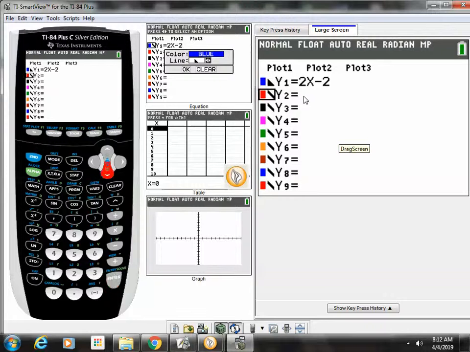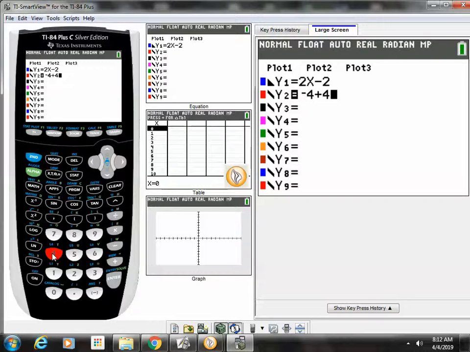Then I'm going to go down to y sub 2 and type in that equation. That one was negative 4x plus 4. I'm going to go back to my shading portion, and I can change this now. I want the greater than, so we're going to shade on the right-hand side.